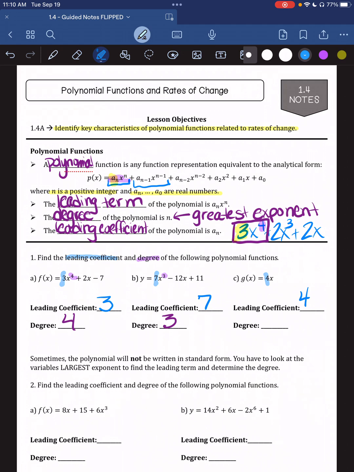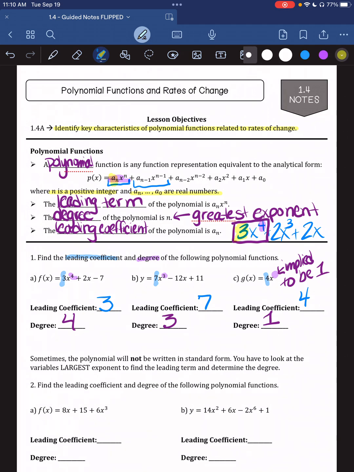And then the degree, you might say, wait a minute, there is no exponent. But don't forget that if we have a variable without an exponent, it is implied to be 1, making our degree 1.